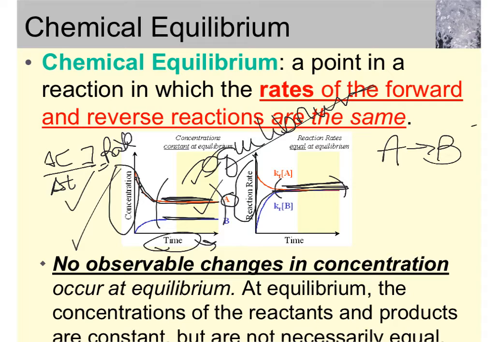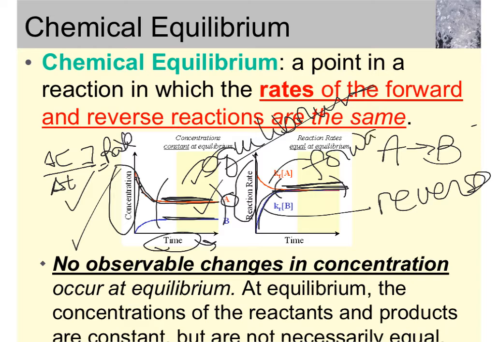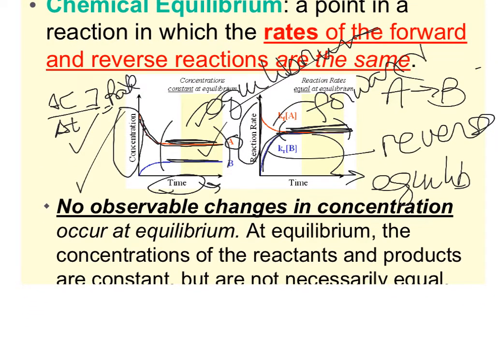So the blue represents the rate of the reverse reaction, and the red represents the rate of the forward reaction. And when those two rates are equal, that is equilibrium, okay? All right, so be able to interpret those two types of graphs.